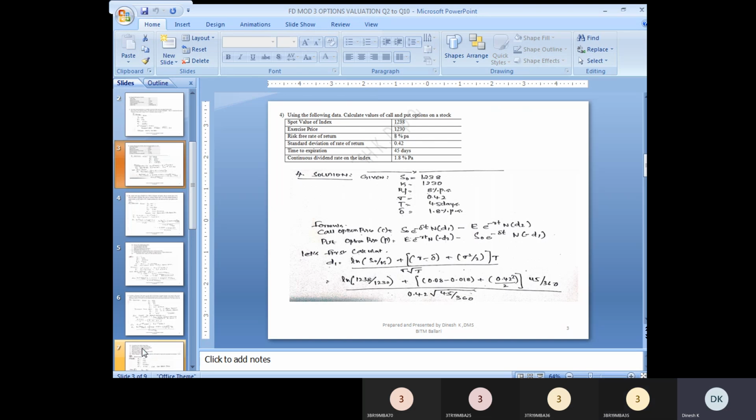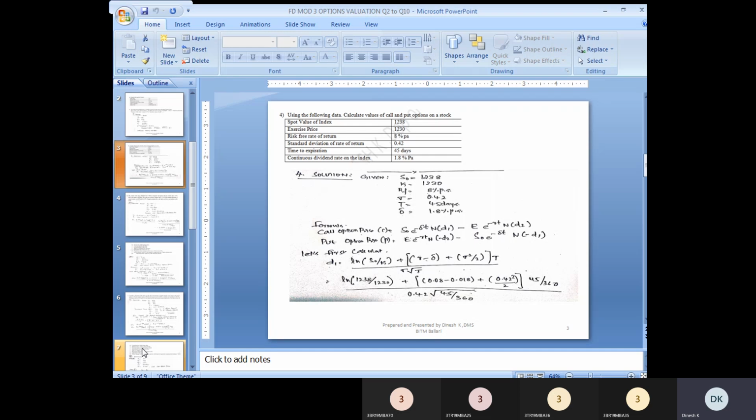So in the main formula, call option C equals, what is S0 here? 1238. 1238 multiplied by exponential to the power of minus delta, where delta is 0.018, multiplied by 45 divided by 360.